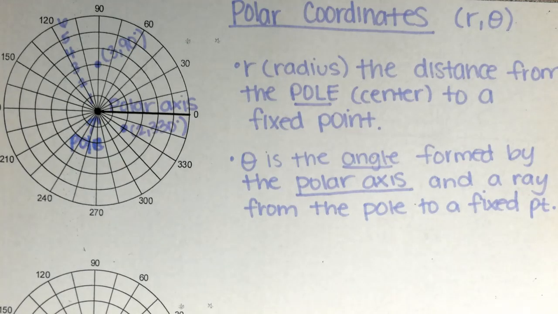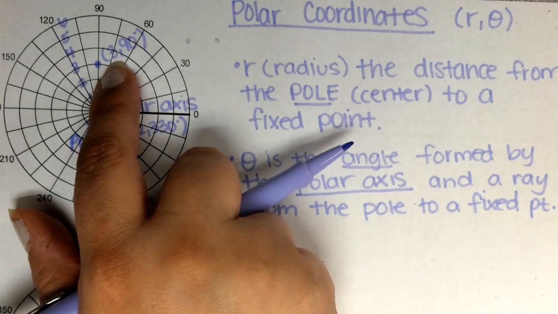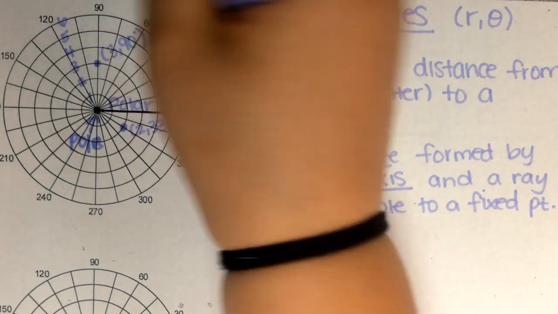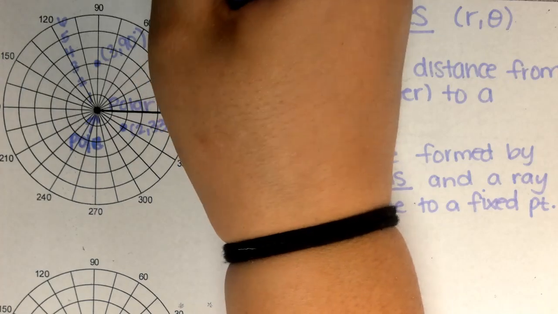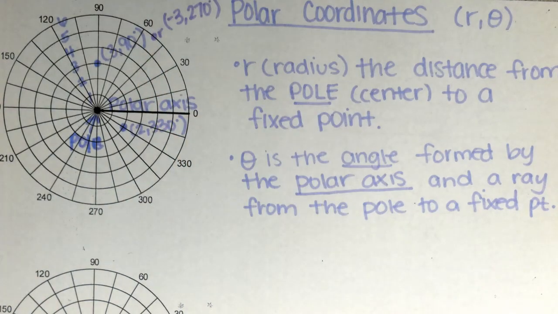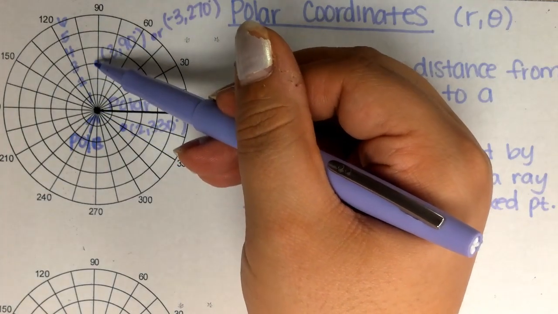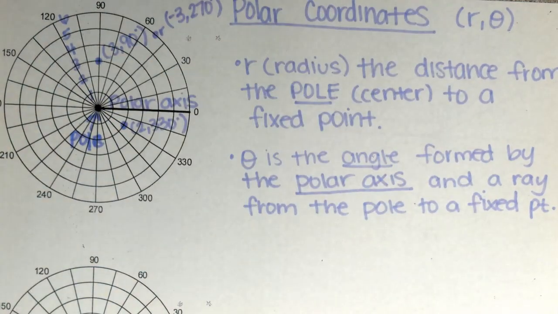So for instance, this point 3, 90 could also be called negative 3, 270. Why? I go backwards 3 from 270. I go away from 270. 3 radii. Does that make sense?